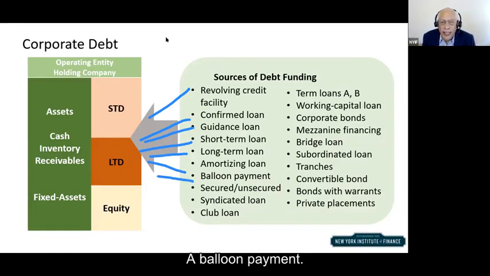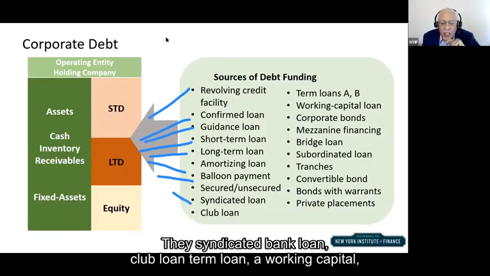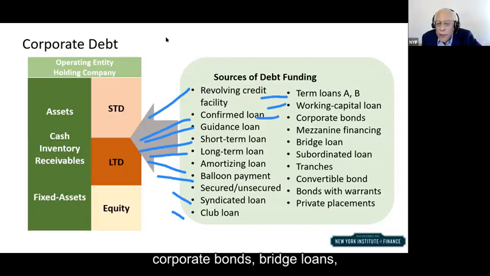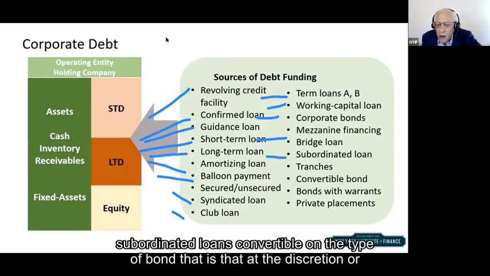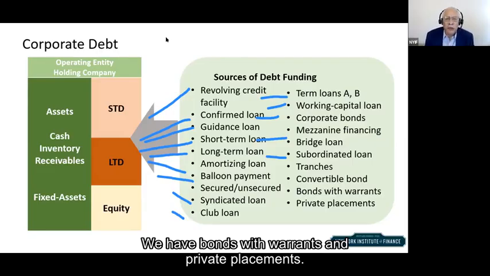A balloon payment, that's when the principal payments are not paid until the expiration date. Syndicated bank loan, club loan, term loan A, working capital, corporate bonds, bridge loans, subordinated loans, convertible bond, a type of bond that, at the discretion or option of an investor, they can convert into stock or equity. We have bonds with warrants and private placements.